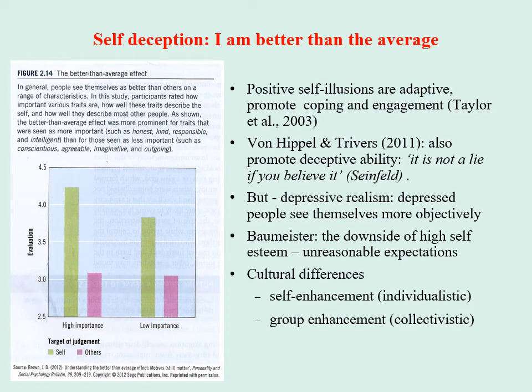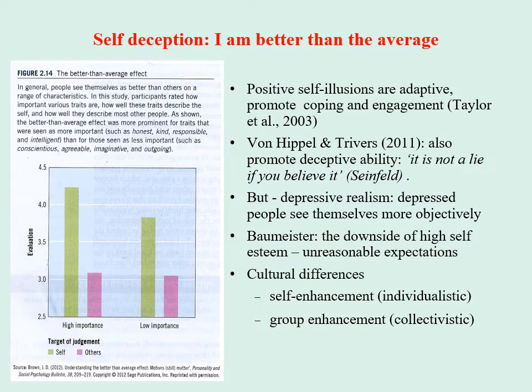The tendency to see ourselves as better than average is well illustrated in the study by Brown, published in 2012, on the left-hand side of your figure. In this study, participants were asked to indicate how relevant and how accurate highly positive traits, highly important traits, and less important traits were to describing themselves.